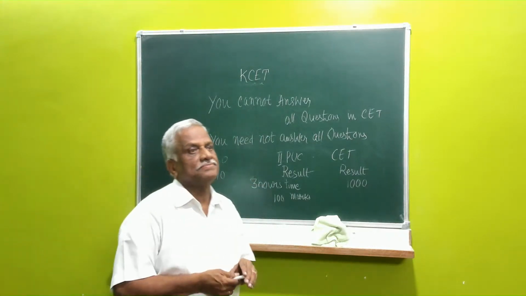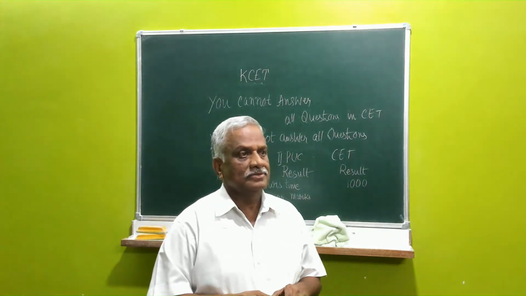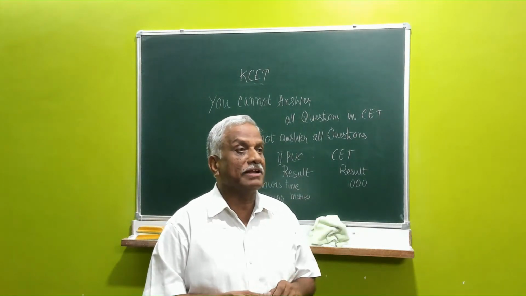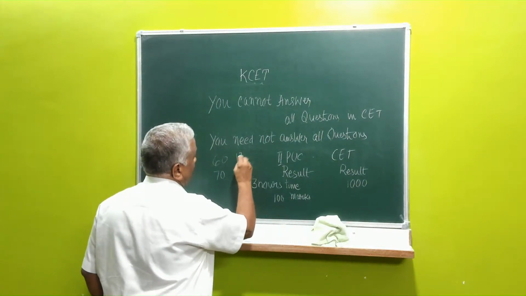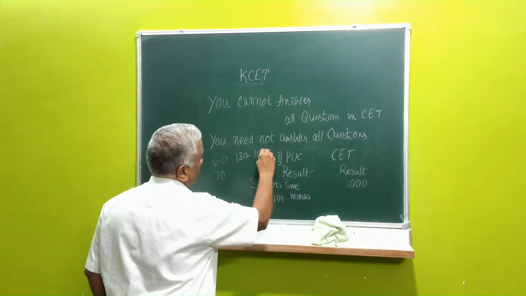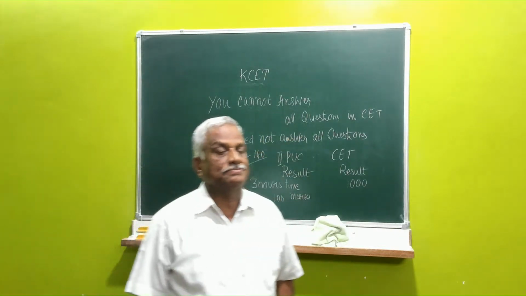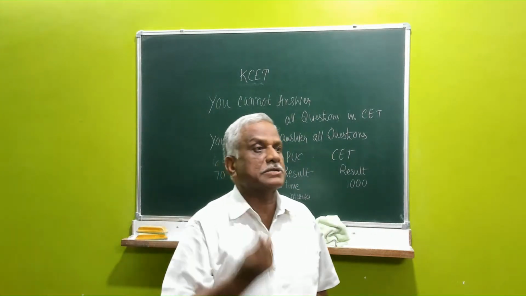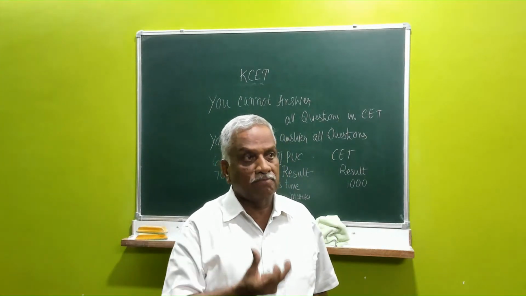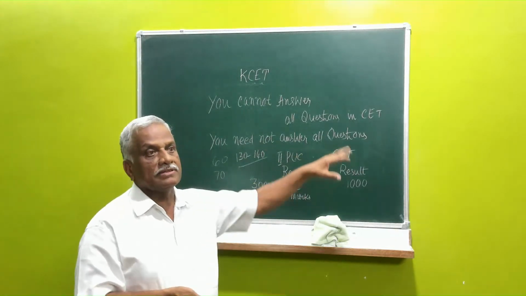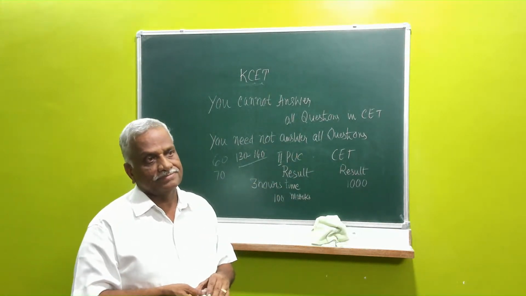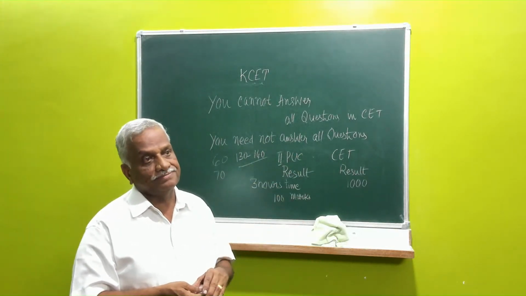You have time. Most of the students complete a paper in about 130 to 140 minutes. This is average statistics. A well-prepared student completes the second PUC examination paper in 130 to 140 minutes, and he has got time to revise.